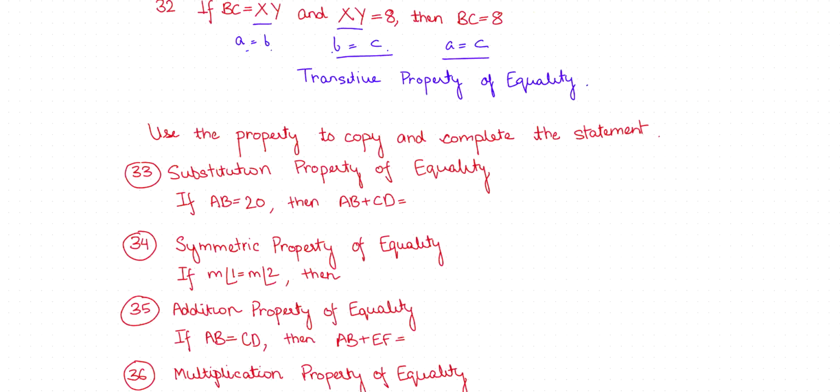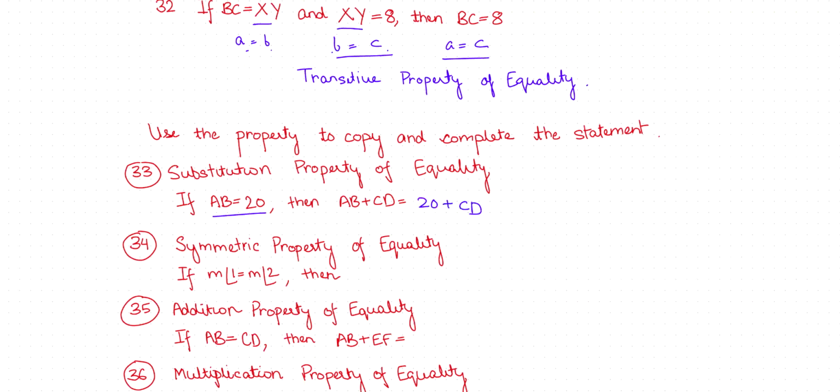Hello. So in these questions, we have to use the property stated and then complete the statement. So if AB is equal to 20 and we want AB plus CD, and we have to use the substitution property of equality, we will substitute 20 for AB and it will be 20 plus CD.